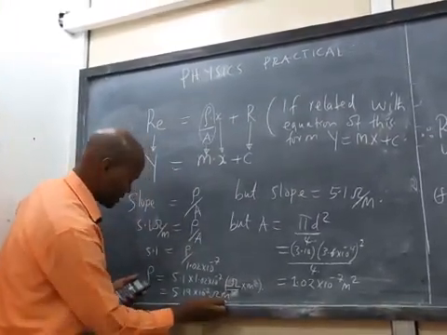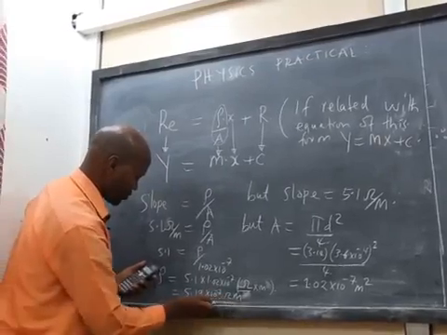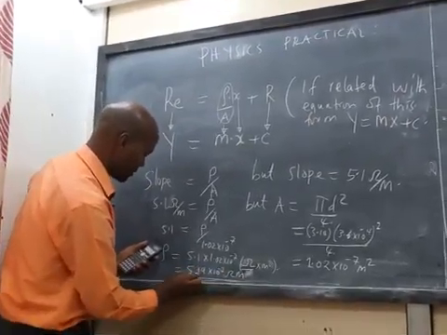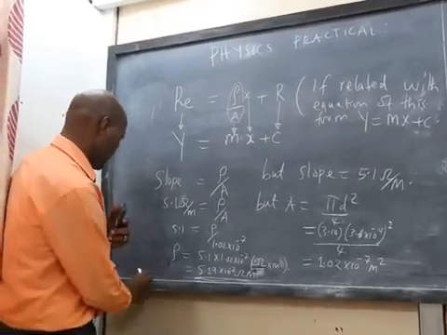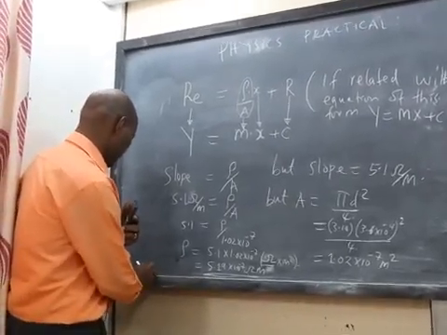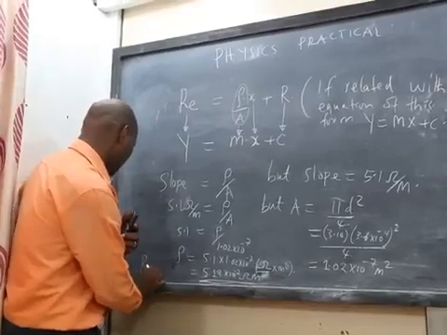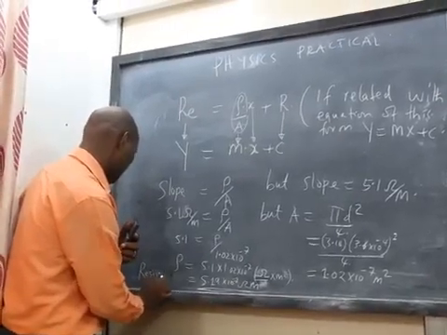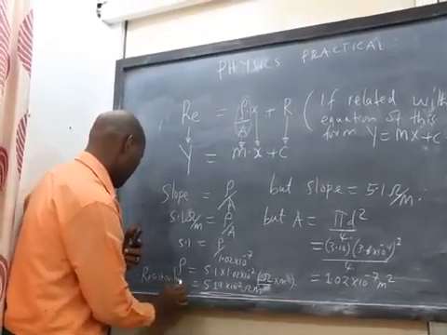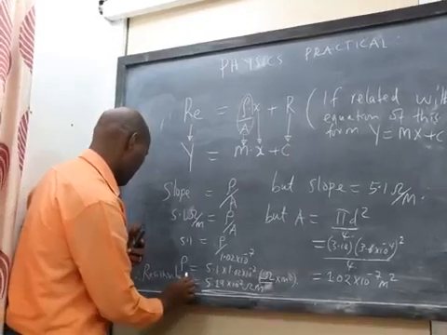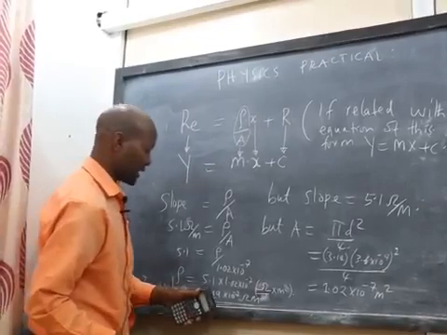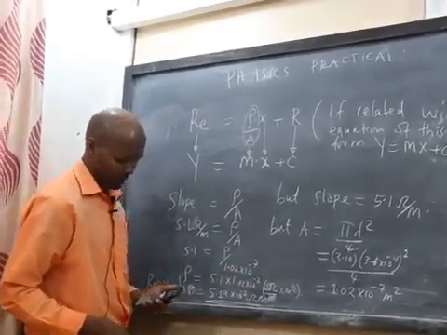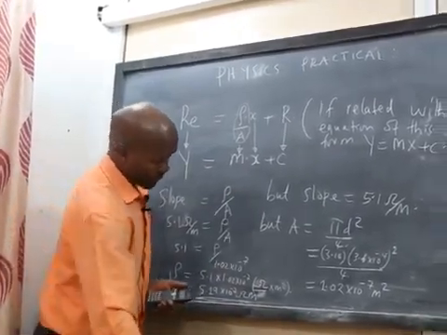This is the resistivity of the wire W. Therefore resistivity is equal to 5.19 times 10 power minus 7 ohm meter. Okay, we are done with that one.